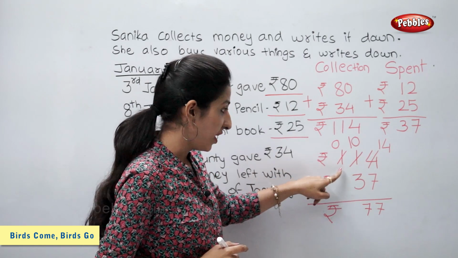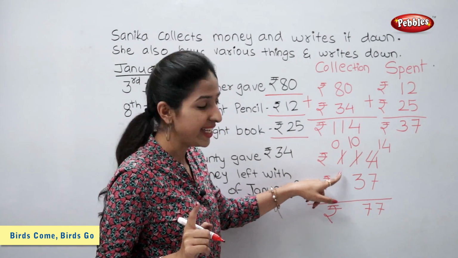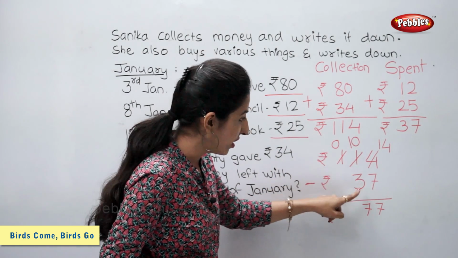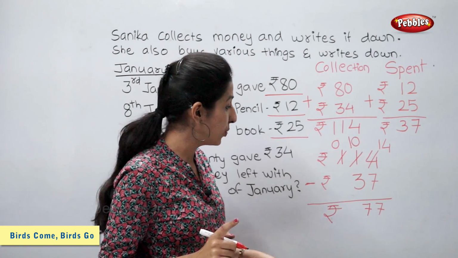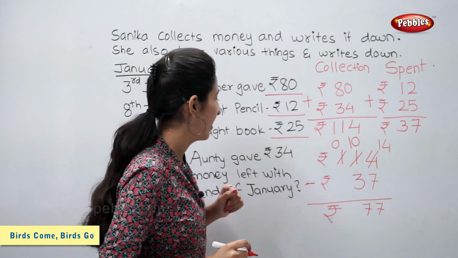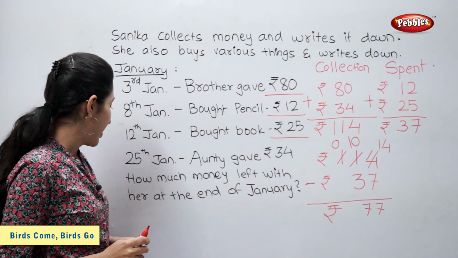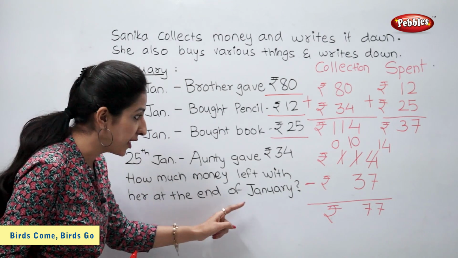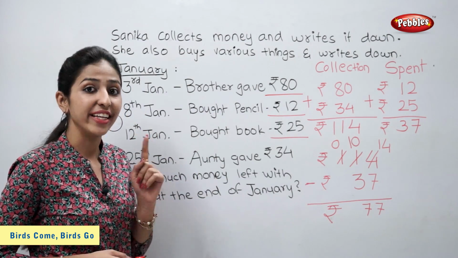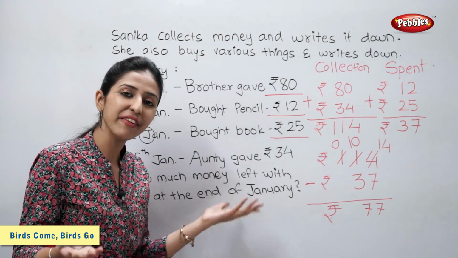So, 114 minus 37 is equal to 77. So, at the end of January, Sanika is left with rupees 77.